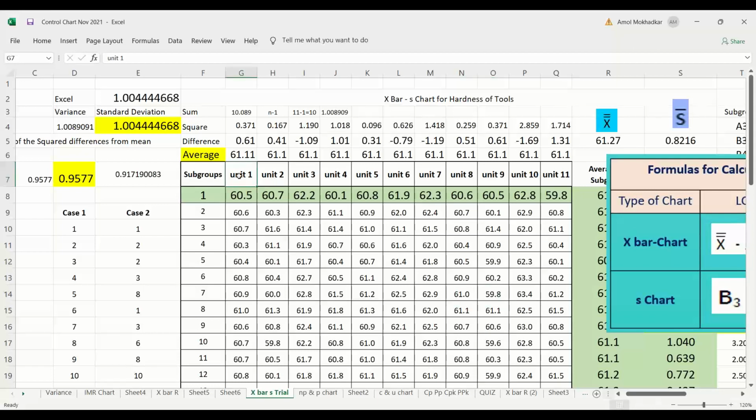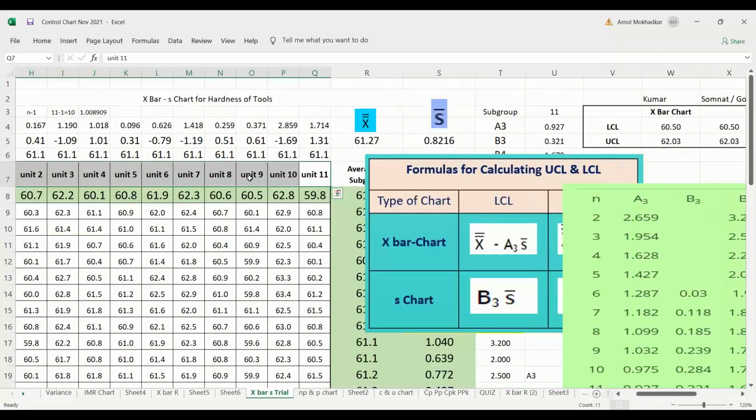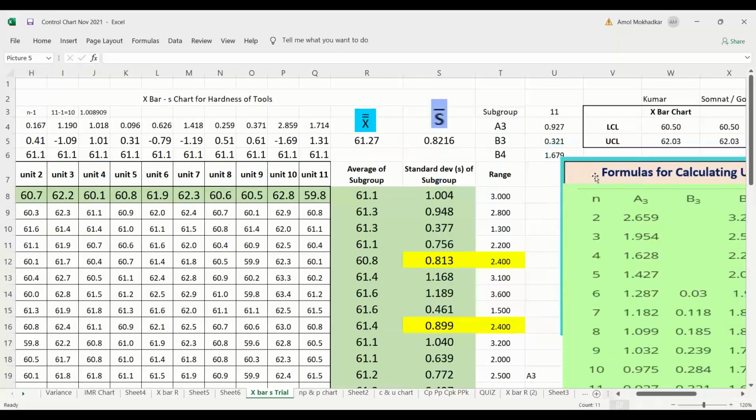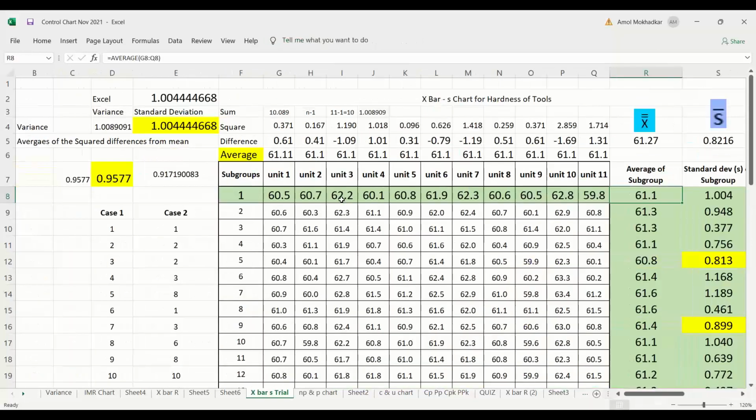So here I have taken the subgroup size of 11. Now what you need to calculate for plotting the data, first you require what? It is an X bar S chart, which means what needs to be plotted on the control chart?